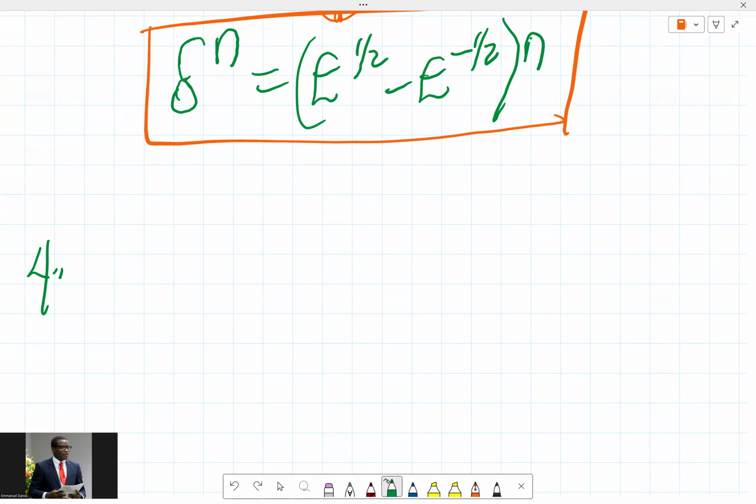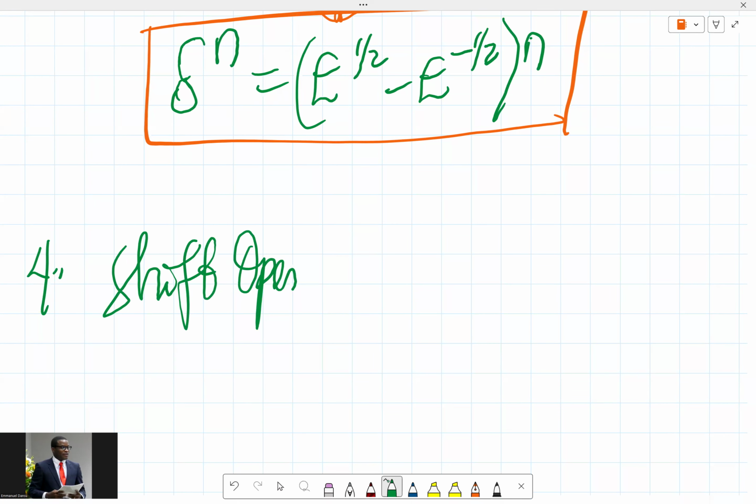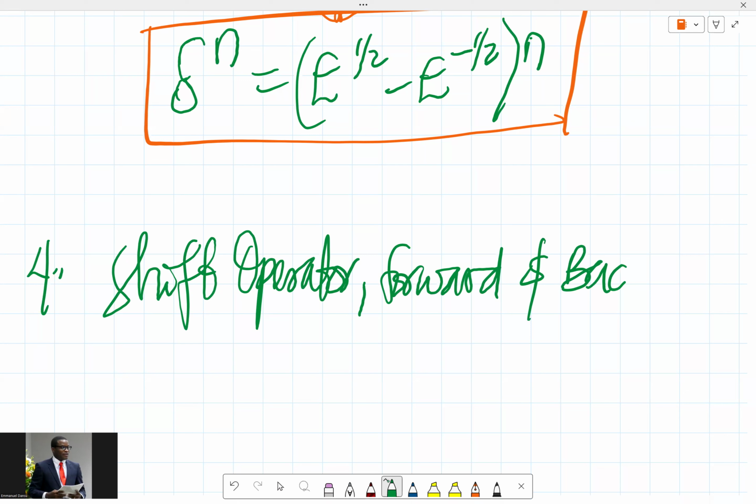Before, we've been talking about them individually as they connect to the shift operator. So this time around, let's talk about the relationship that connects all three: the shift operator, then the forward and backward differences.